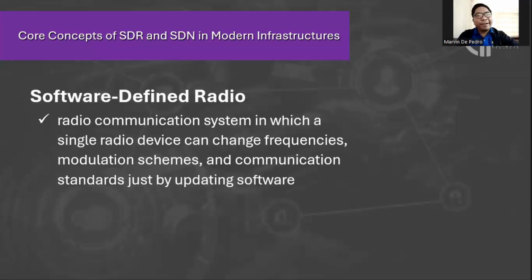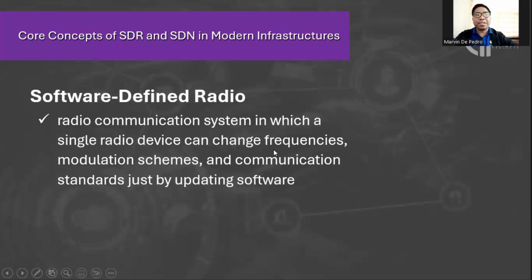Also, aside from the frequencies, there are modulation schemes, like from AM to FM, from analog modulation to digital modulation. We can now change that also with the help of SDR.